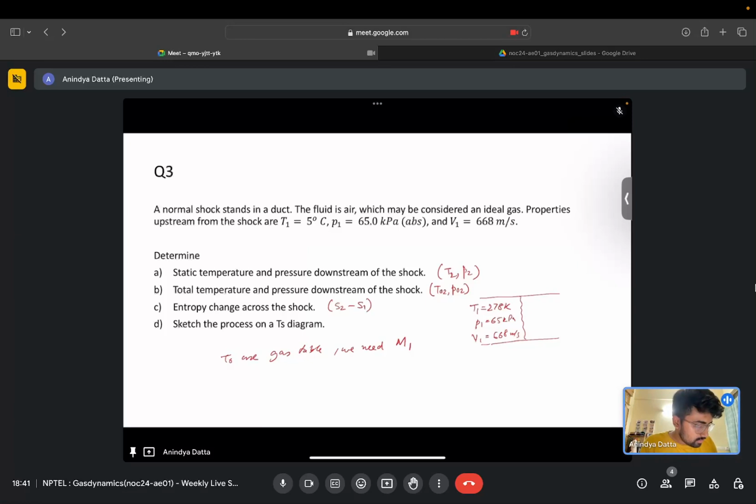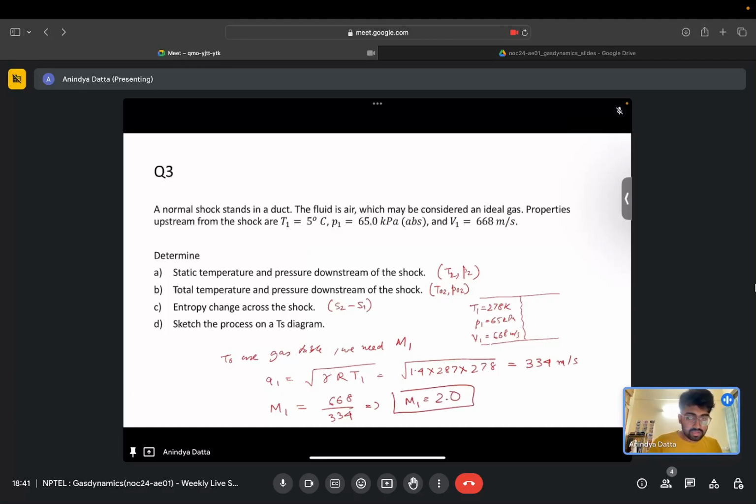So first we need to find a1. a1 is equal to square root of gamma R T1, which is 1.4 into 287 into 278. So a1 you will get 334 meter per second. Then M1 is 668 divided by 334, which gives us the Mach number 2.0.